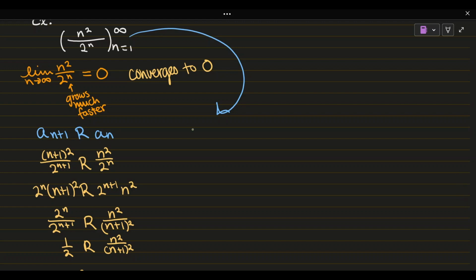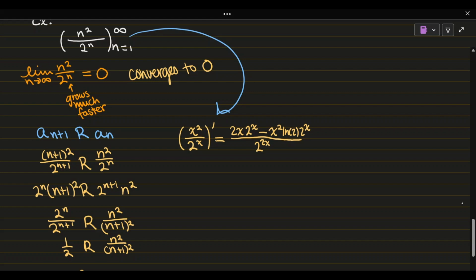Okay, so let's take a look at this. From calculus 1, we know that when the derivative is 0, there is a minimum or a maximum. So I'll take the derivative of this, replacing n's with x's. It's going to be 2x times 2 to the x minus, by quotient rule, x squared ln 2 times 2 to the x, over 2 to the x squared, which is 2 to the 2x.